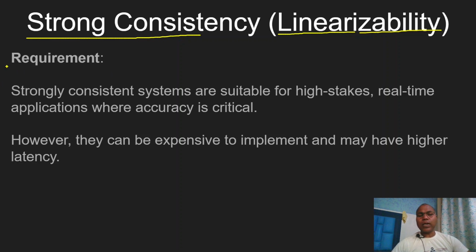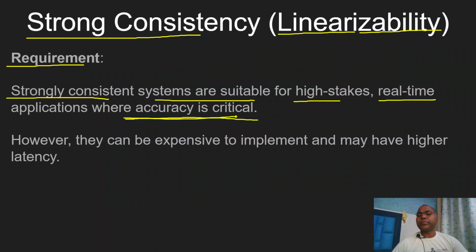So what is the kind of requirement where you must implement strong consistency? Generally, strong consistency systems are suitable for high-stakes, real-time applications where accuracy is very critical, like the finance and banking domains, where we cannot allow any incorrect data. Accuracy is very critical.